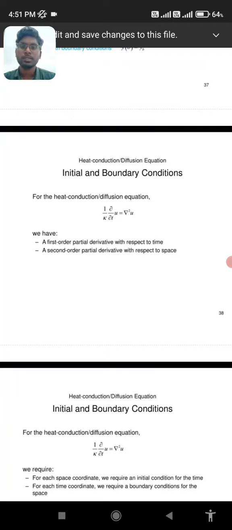For the heat conduction diffusion equation, (1/k) ∂u/∂t = ∇²u, we have a first order partial derivative with respect to time and a second order partial derivative with respect to space.